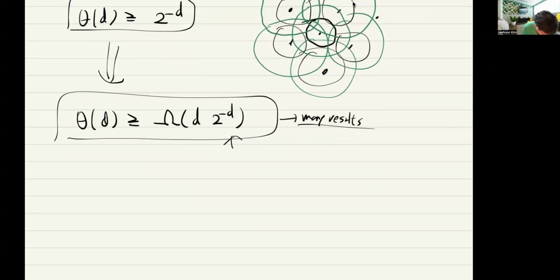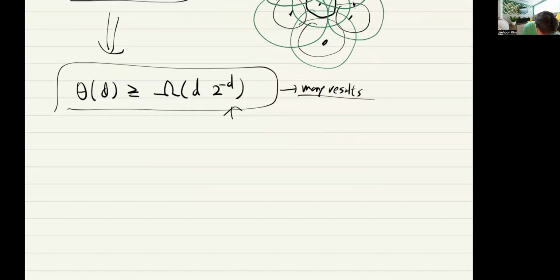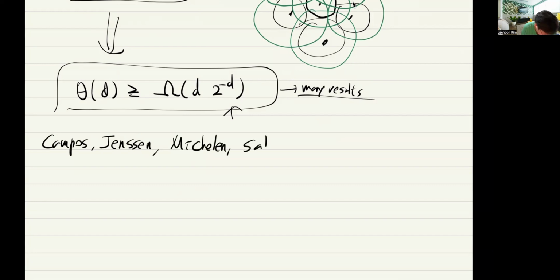And the current best lower bound is by Campos, Jenssen, Michelen, and Sahasrabudhe.